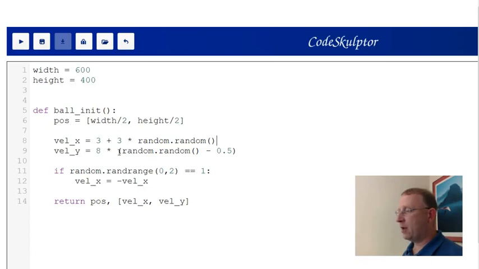I have some fairly arbitrary ways of generating the initial velocity. Yes, those are kind of magic constants here, but in this case, I don't have a good way of naming those. Those values are pretty arbitrary, quite frankly. But rather than that big long if statement before, I want to combine those, and really all I'm doing is, with 50% probability, negating the velocity in the x component.